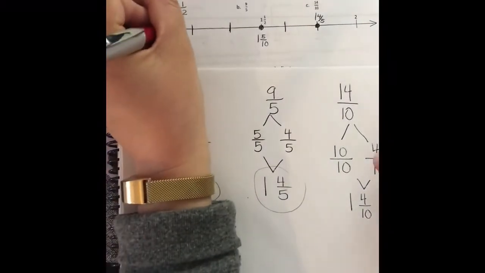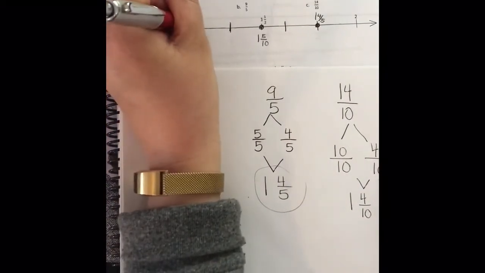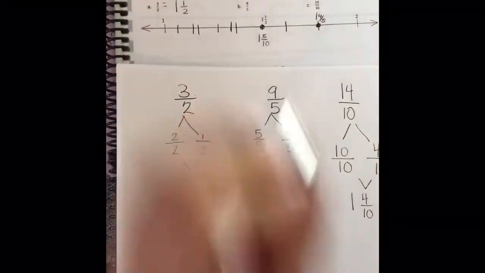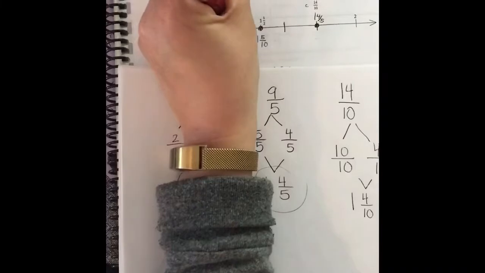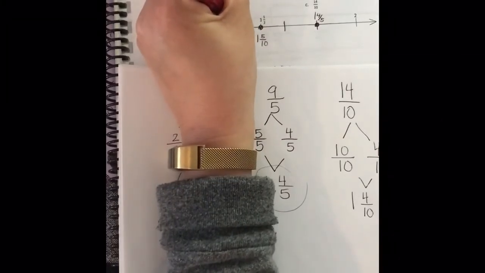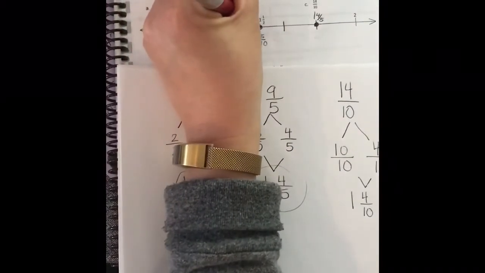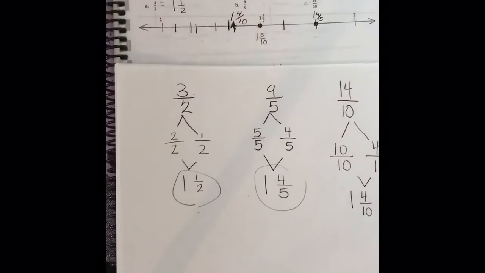So over here, 1/5, 2/5, 3/5, 4/5, 5/5. I meant to say tenths. Sorry guys, I don't know why I'm saying fifths. So this one right here is 1 and 4 tenths. Okay?